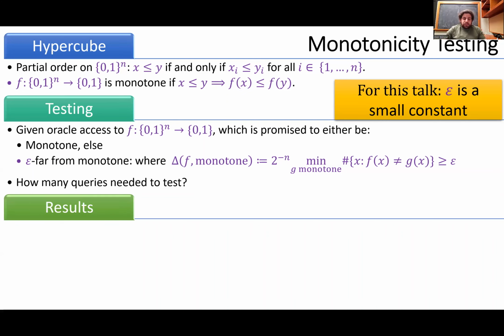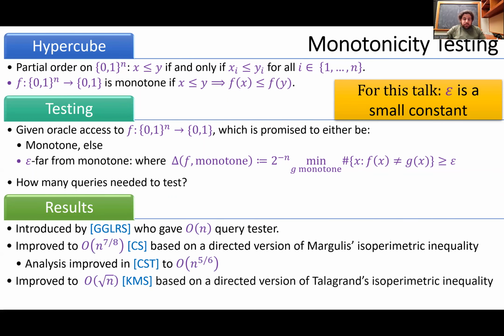So monotonicity testing has been around for a while, in fact for over 20 years. It was first introduced in a paper by Goldreich et al., who also gave an O(n) query tester for the problem. And this tester is a very natural and very nice one. It's called the edge tester.